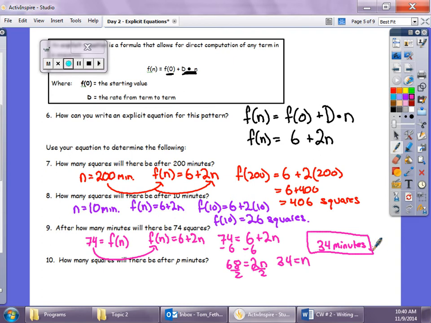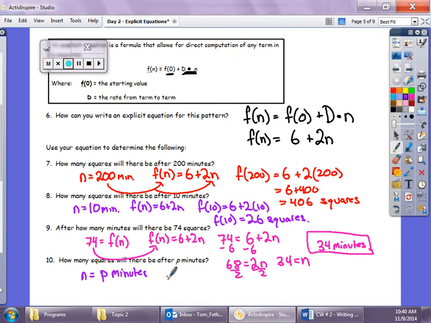And then we get down to number 10. How many squares will there be after p minutes? It sounds confusing at first, but if you just follow the formula, what it says is n is going to be our p minutes. Just like before, n was our 10 minutes. So all we do is replace that.